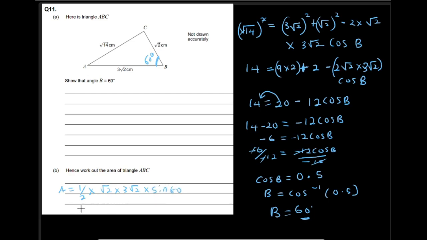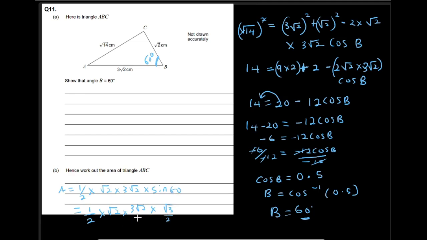If we simplify this further, we get 1 over 2 times root 2 times 3 root 2 times root 3 over 2. Sine 60 is root 3 over 2; you can use your calculator to verify.